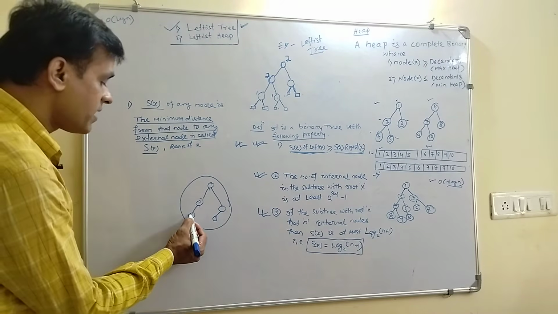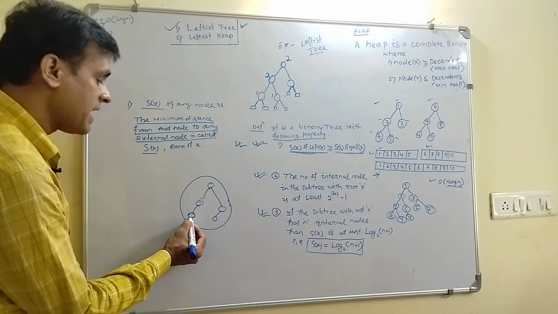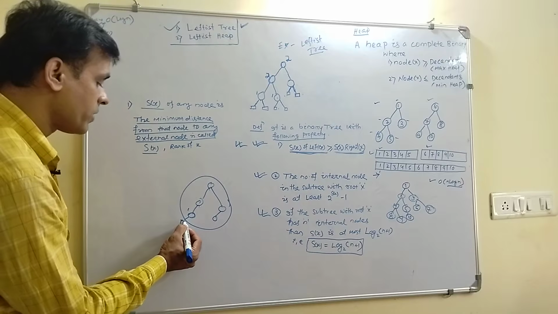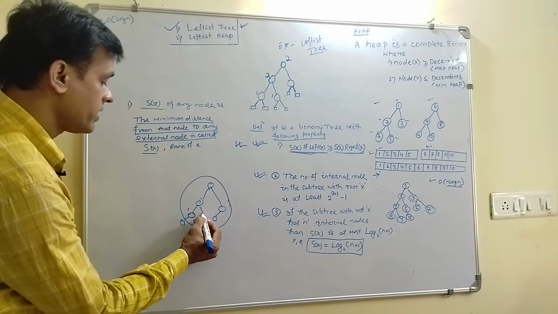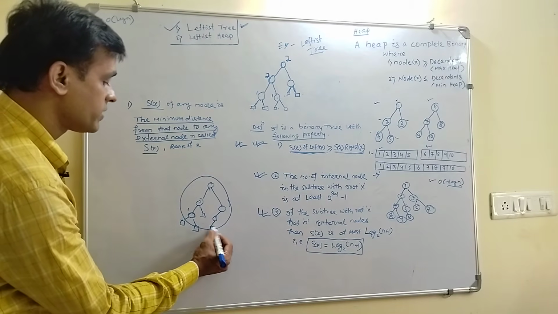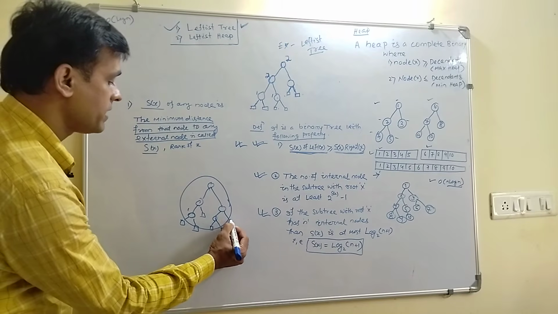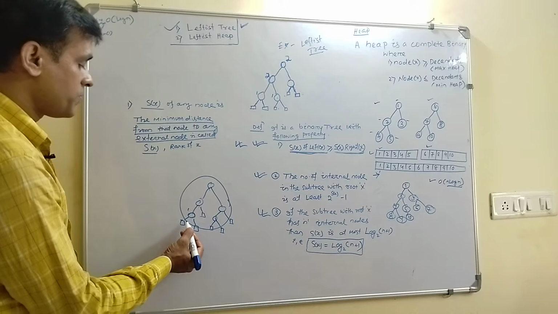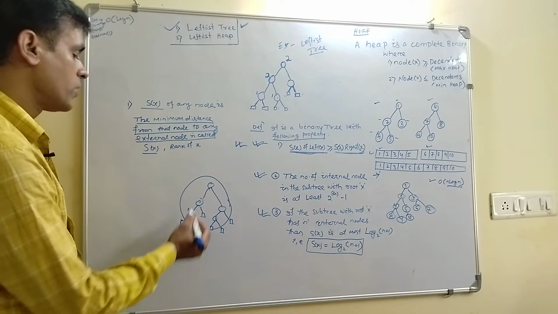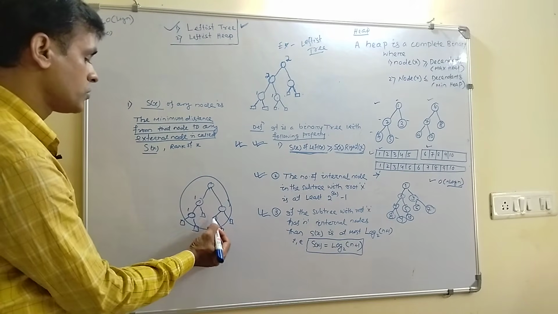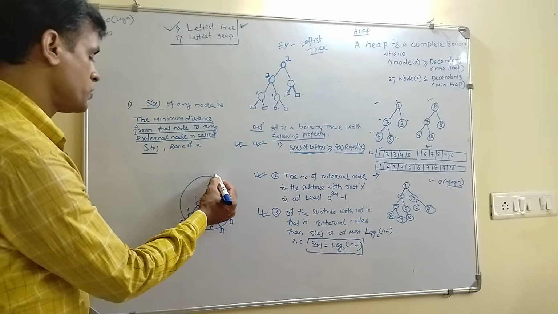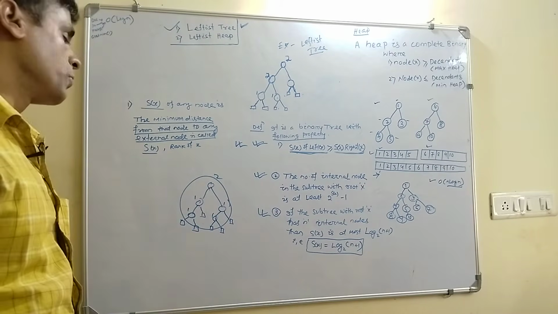The Sx value of this is equal to 1. Suppose you have internal nodes here, here, and here. Now you can say this Sx value is equal to 1, this is also 1, this is also 1, and this is also 1, and this is 2 Sx value.